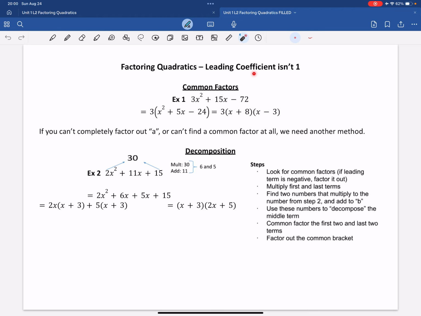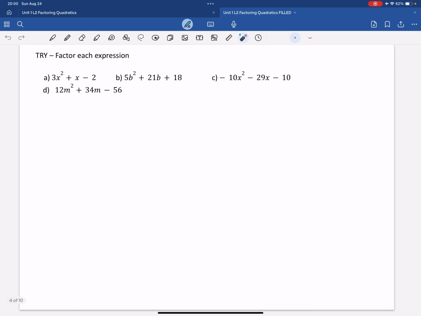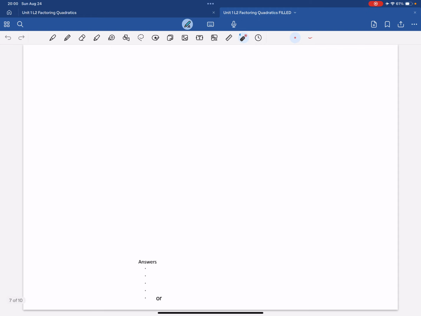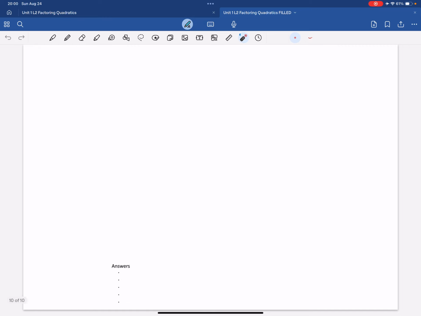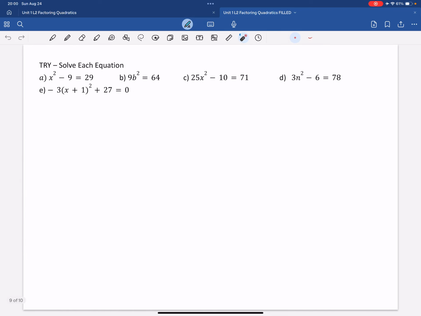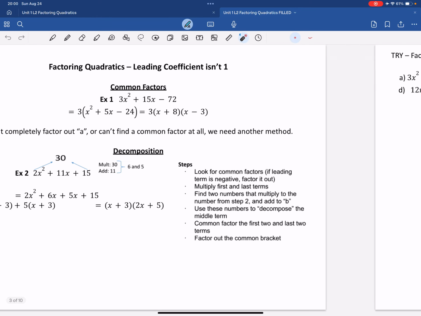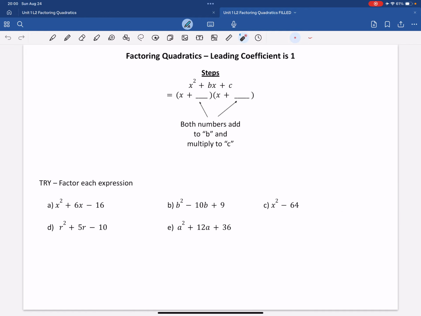Then we'll go on to the leading coefficient not being 1, right? Some examples here. And then we'll talk about solving quadratics by factoring. Some examples. Square rooting. And that is it. Okay, so let me go back to the very first part and work through these as quick as I can. Feel free to pause whenever you need.